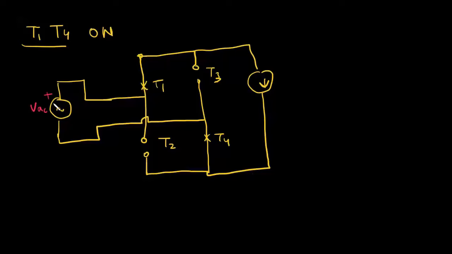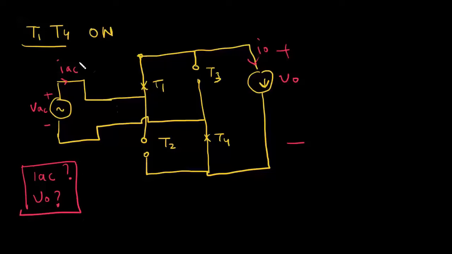And this is VAC. Let's say this current is IAC. This is V naught. This is I naught. So now we have to find IAC and V naught when T1 and T4 are conducting.